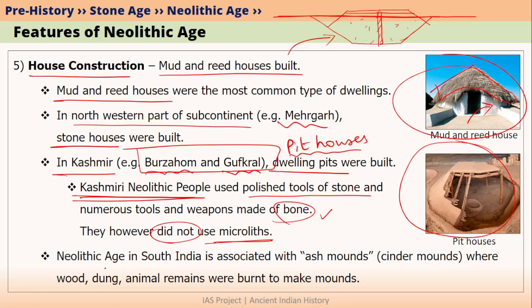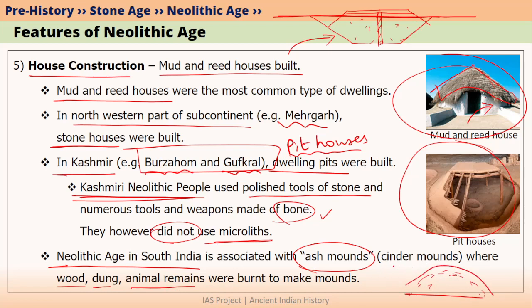Another type of construction which was mainly found in South India was ash mounds. Why the Neolithic people of South India built ash mounds is not clear even today, but we know how they were built. They took wood, animal dung and animal remains and piled them up like this. Once they were piled up, they were burnt. That is how these ash mounds were built.